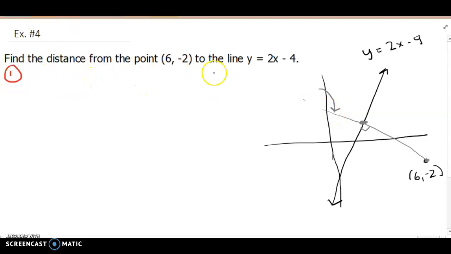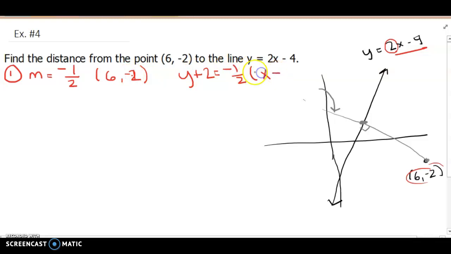Okay, so I want to find the equation that's perpendicular to this line. So if it's perpendicular to this line, it has an opposite reciprocal of slope 2. So it's going to have a slope of -1/2, and it's going to go through this point. All right, so put it in point slope form. I have y minus -2, so it'd be y plus 2 equals -1/2 times (x minus 6).